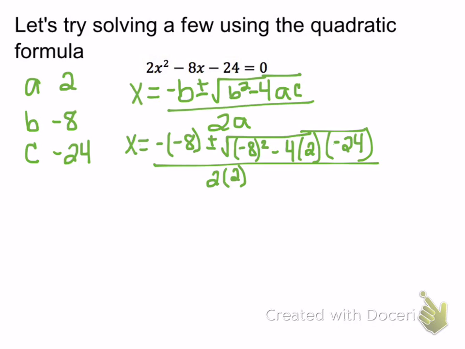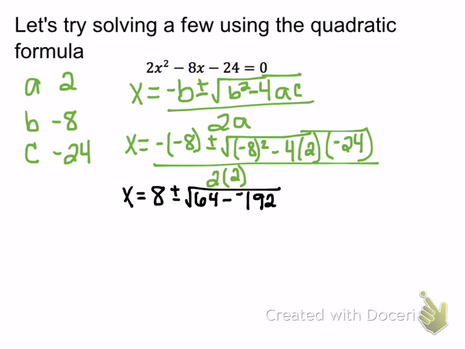Now what I'm going to do is go ahead and start simplifying this, putting things together. So, for example, I'm going to simplify the opposite of negative 8, which is going to be a positive 8, plus or minus the square root. Negative 8 squared is 64, minus 4 times 2 times negative 24 is negative 192.